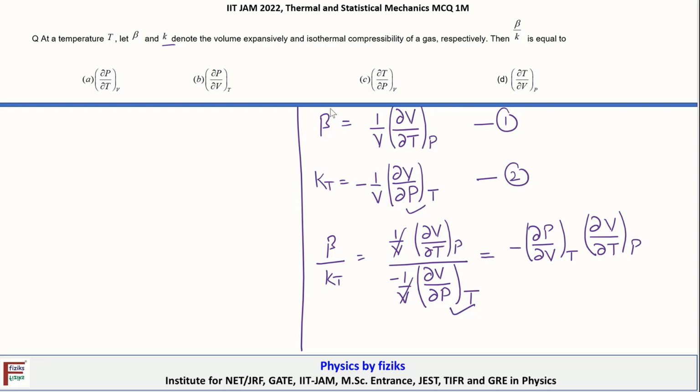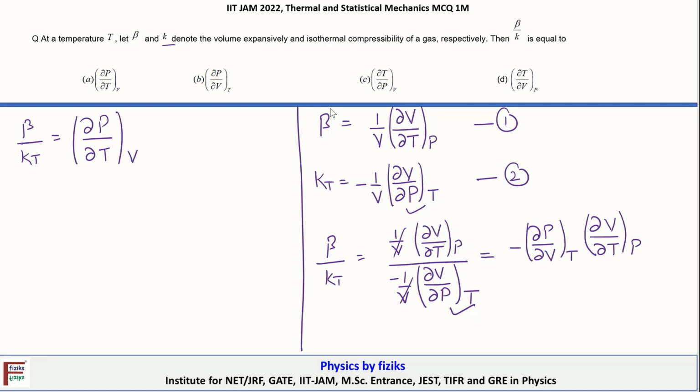I am going to write beta by kappa T as equal to dP by dT at constant volume.